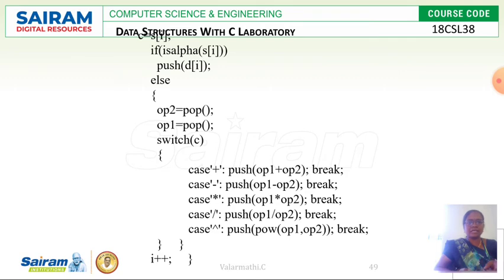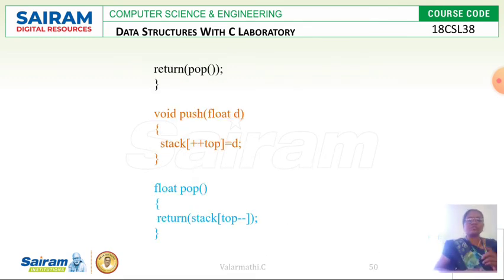Else operand 1 and operand 2 should be popped from the stack. So operand 1 is equal to pop, operand 2 is equal to pop, like that they are removed from the stack. Then according to the cases, the push operations are done, that means push of operand 1 plus operand 2 is happening, then it should be returned.